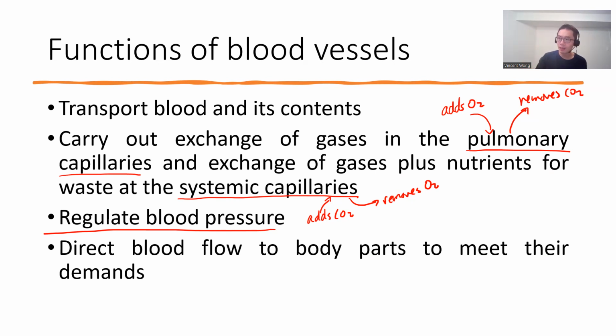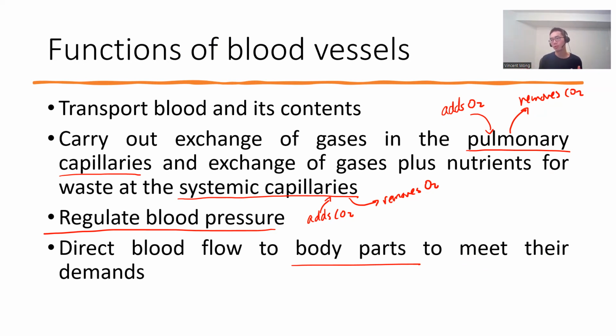And also, blood vessels can help direct blood flow to body parts to meet their demands. Your body has different blood flow needs depending on what you're doing. Okay, if you are at home right now, watching me talk for the past hour, then there is no need to direct blood to your legs, for example.